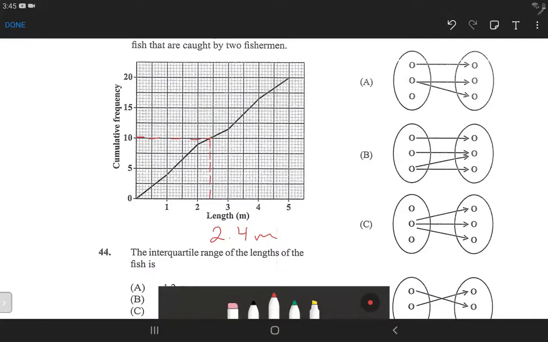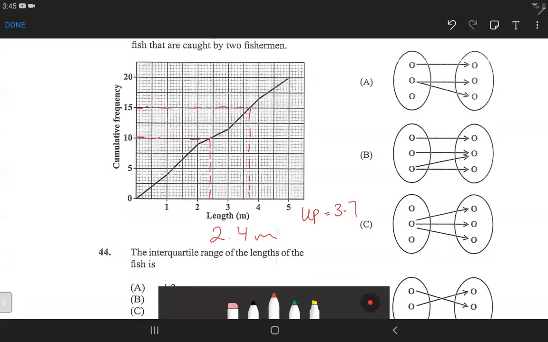Now the upper quartile would be this one. The upper quartile is equal to 3.7.